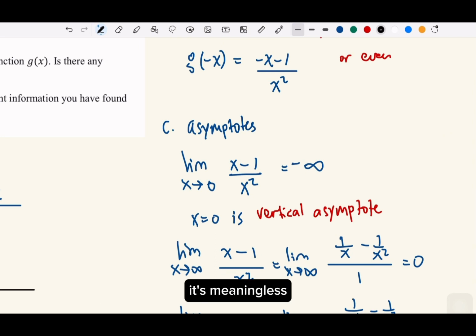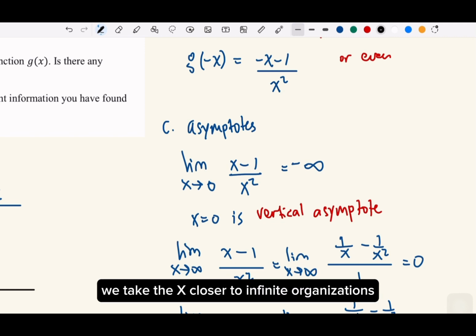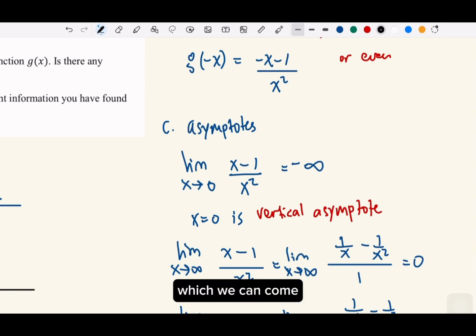It's meaningless. The second part, we take x closer to infinity or negative infinity, which we can conclude directly if you see the function here. The top is degree 1, and this is the second degree, the square. So you can see that it should obviously be 0.